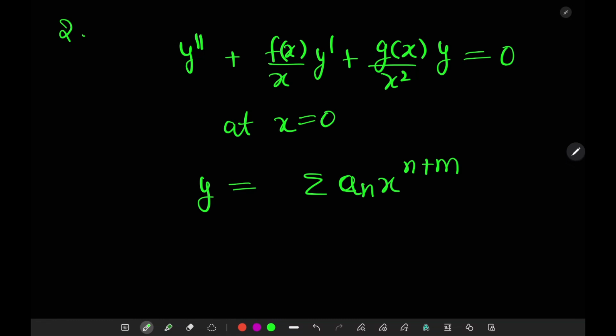Where m is any number. Let's do the important cases.